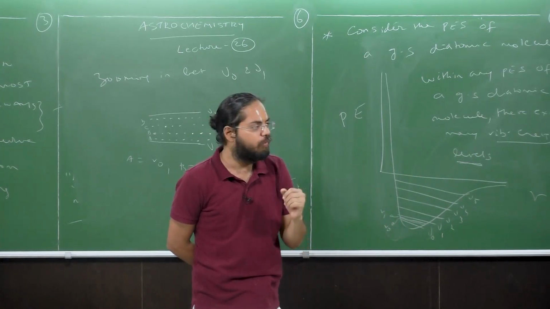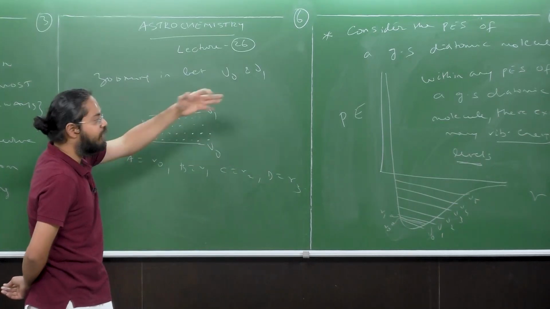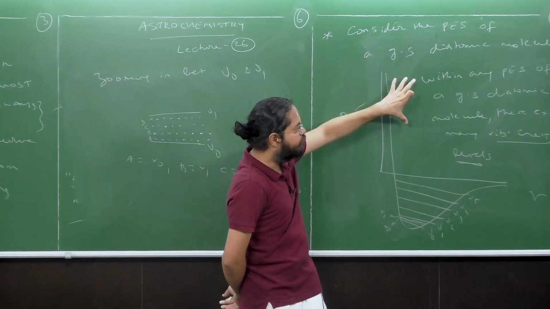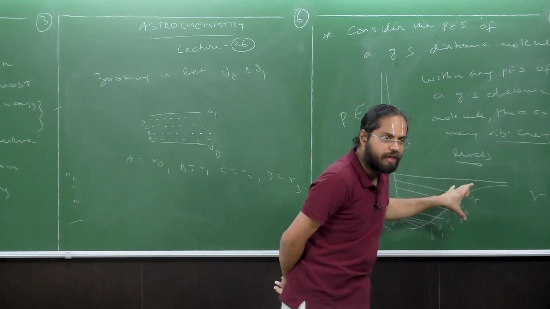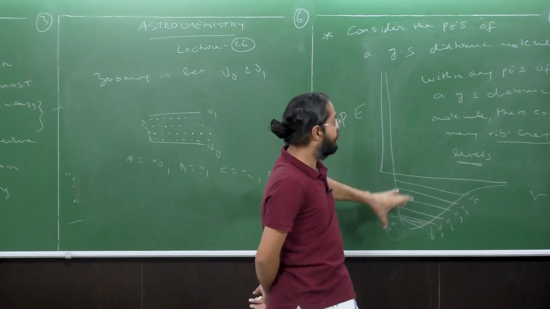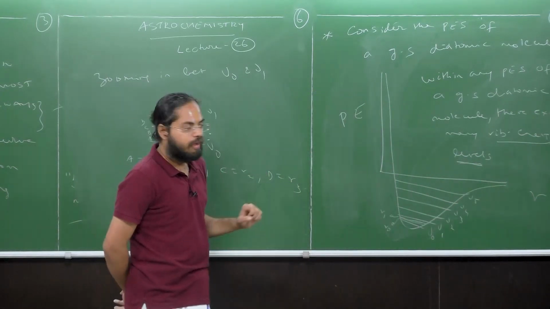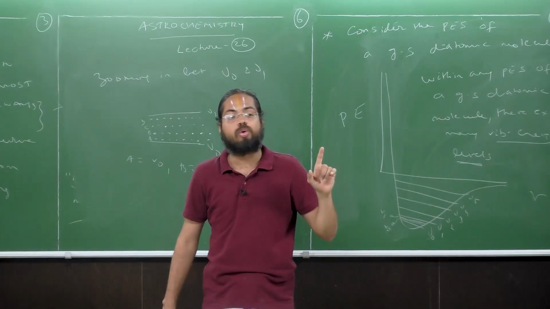So therefore we shall be predominantly concerned with rotational energy levels and vibrational energy levels, which are going to be part of an electronic state. Okay, so the potential energy surface of any electronic state actually includes information about the vibrational state and also the rotational state.